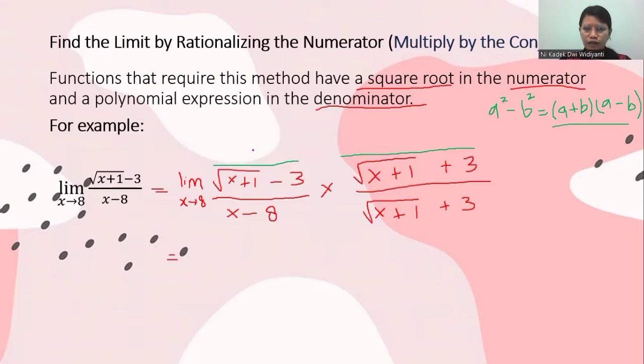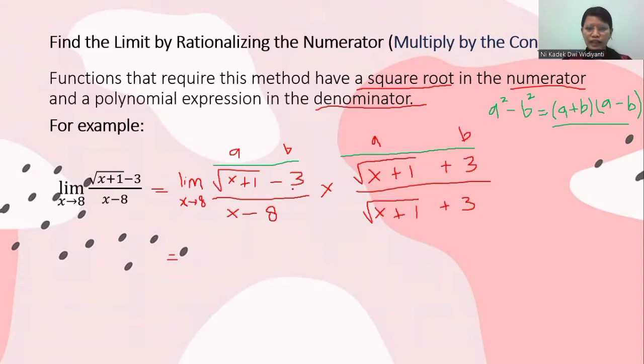Here, this is a, this is b, also a, and also b. So from this theorem, we can get a quick trick.